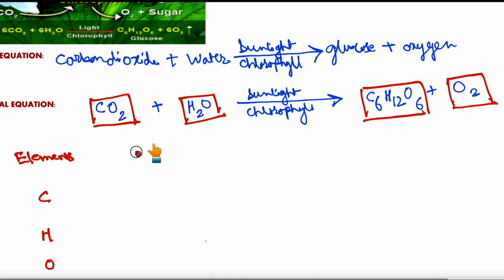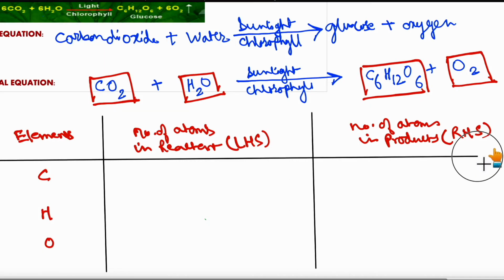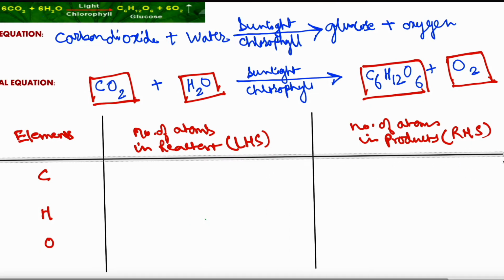Now we will count the number of atoms present on the reactant side, that is the left hand side, and the number of atoms on the product side, that is the right hand side of this arrow. So let us draw a table and list down all the elements present in this skeletal equation. Now let us count the number of atoms present in this skeletal equation.